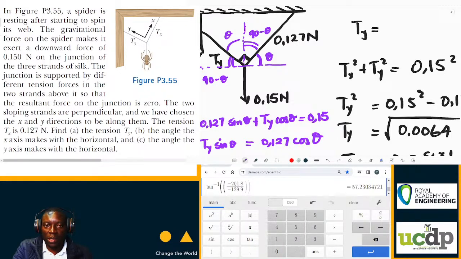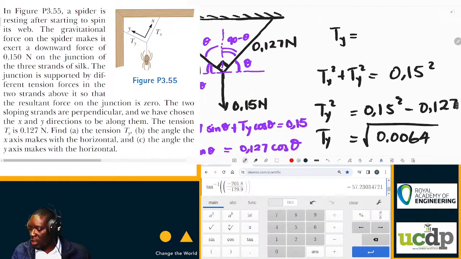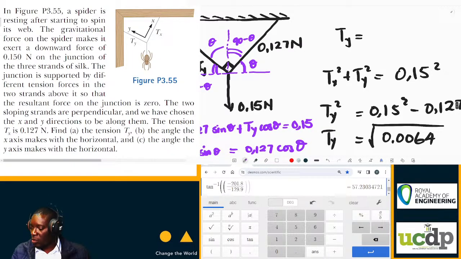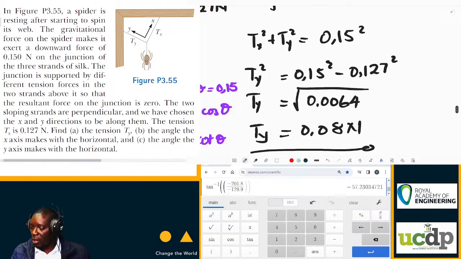So the total downward forces equal the total upward forces, and the total upward forces are basically the resultant. So what we did is to find the resultant for the x and y, knowing that they are 90 degrees apart. It means we would simply apply the Pythagoras theorem.